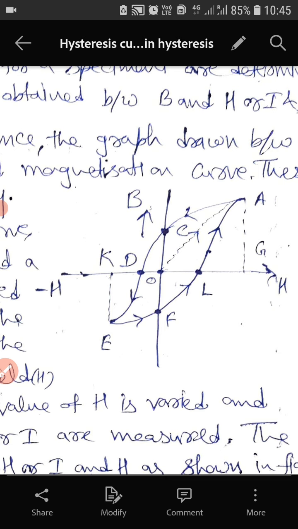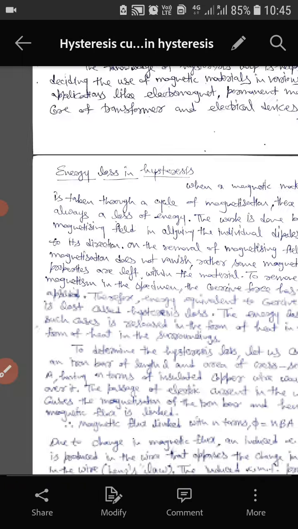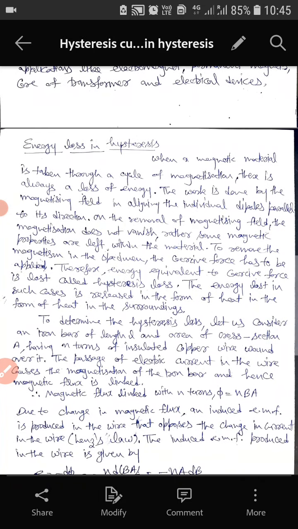Along with this we'll have one more article associated with it, which is known as energy loss in the hysteresis loop. What we have seen is that when a magnetic material is taken through a cycle of magnetization, there is always a loss of energy.